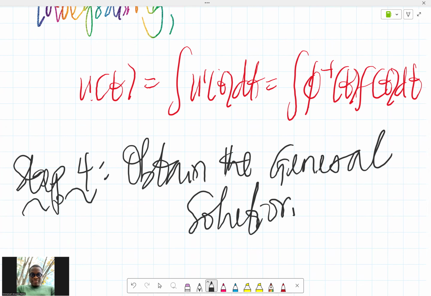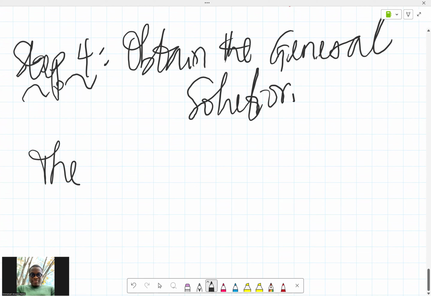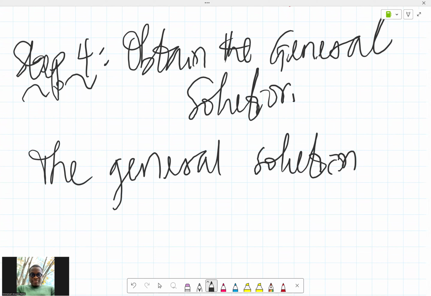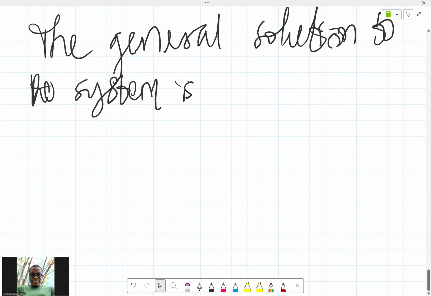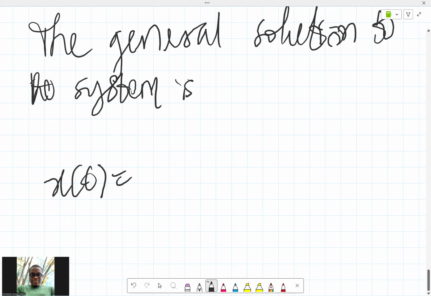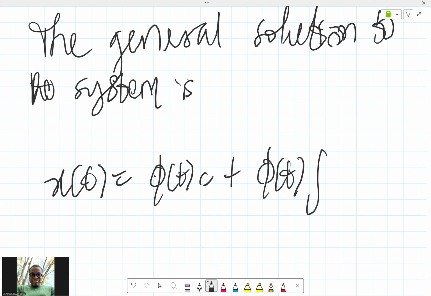The general solution to the system is x of t equals phi of t multiplied by c, that's that constant, plus phi of t integral phi inverse of t f of t dt. Something like this.